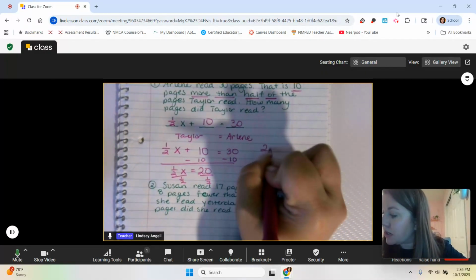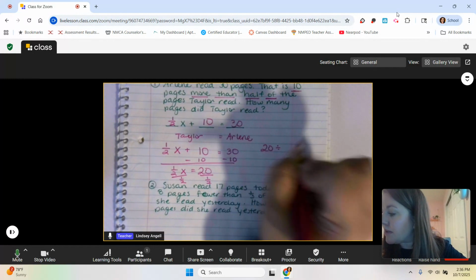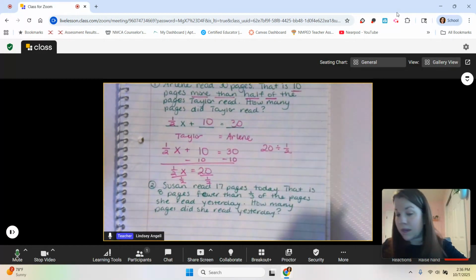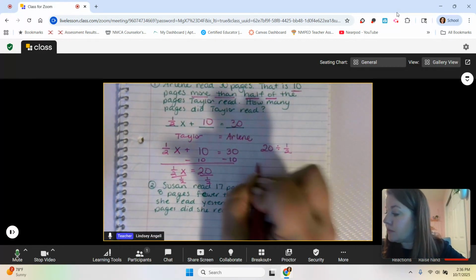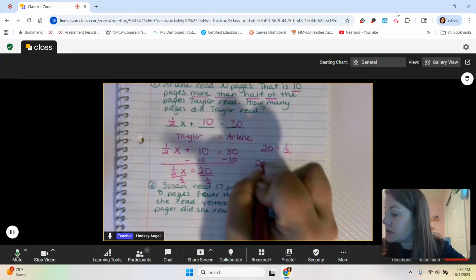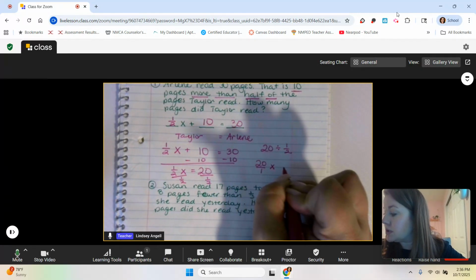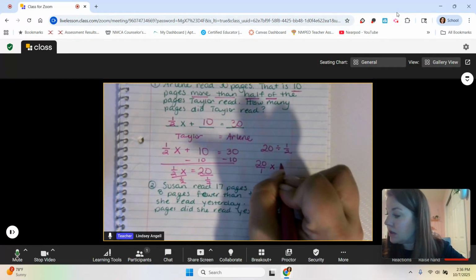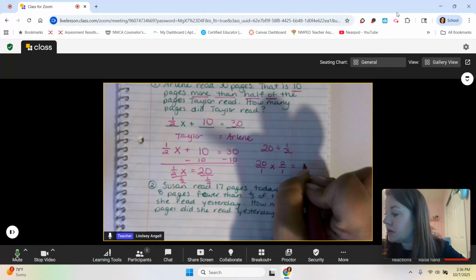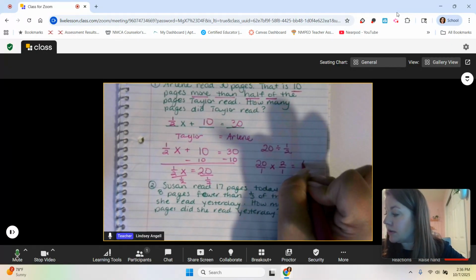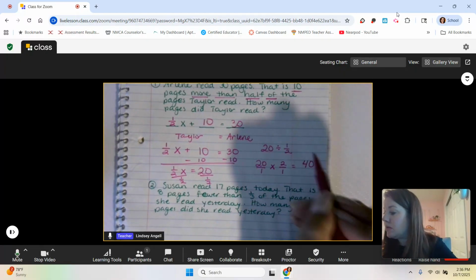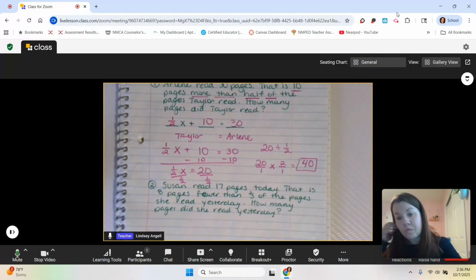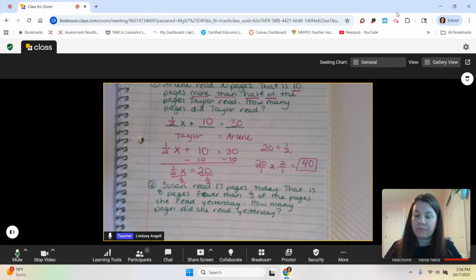And if I come over here, 20 divided by 1/2, we need same change flip. We've got 20 over 1, change our symbol to multiplication, flip our second fraction. Well, 20 times 2 gives me 40, right? So in the long run, that would have been 40 pages for Taylor, okay?